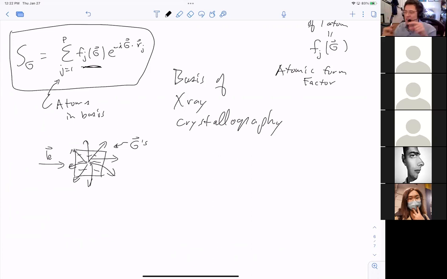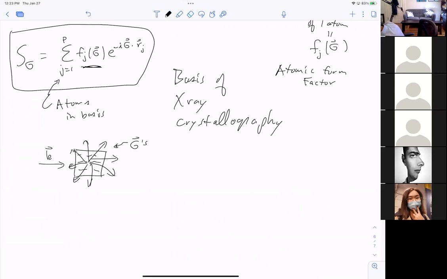The question is, which beams exactly are you going to see? Because if I just shoot the X-rays in at one angle, I get a bunch of beams, but I'm not actually going to get all the reciprocal lattice. I'm only going to get some fraction of it. So in order to pick up the whole reciprocal lattice, I got to rotate my crystal around.